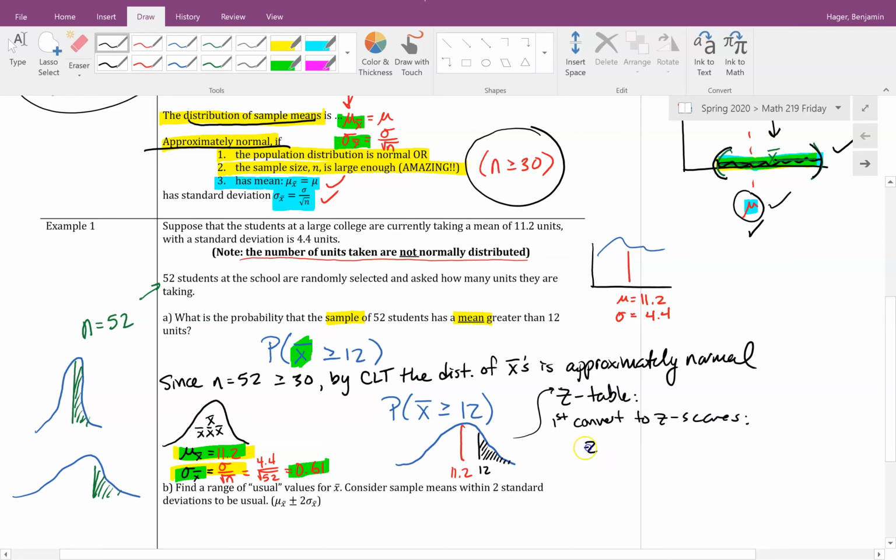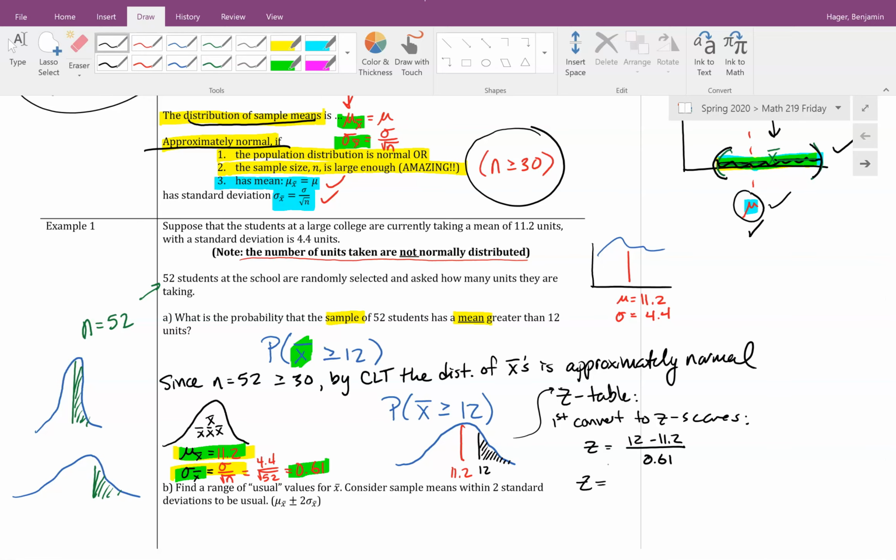Remember, your z-score is always your data value minus the mean, over your standard deviation, which for this distribution of sample means, my mean is 11.2 and my standard deviation is 0.61. Let's see what that comes out to.